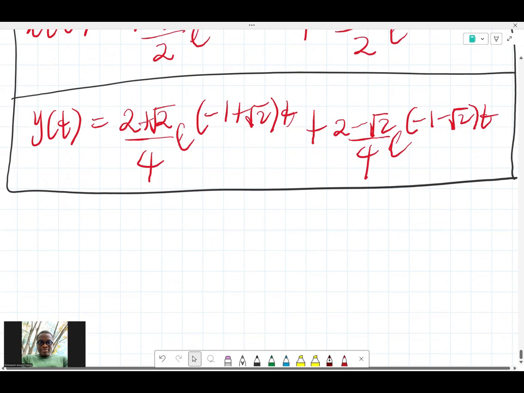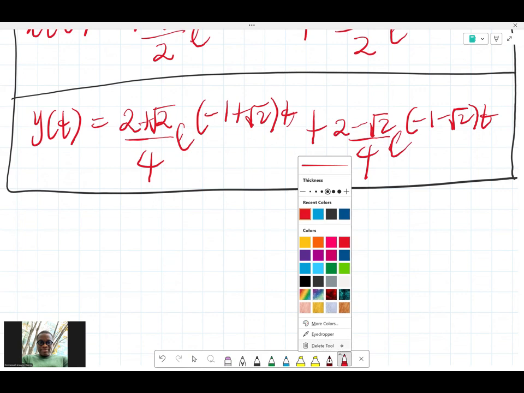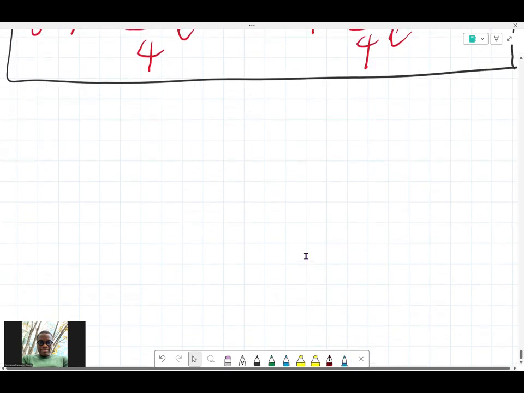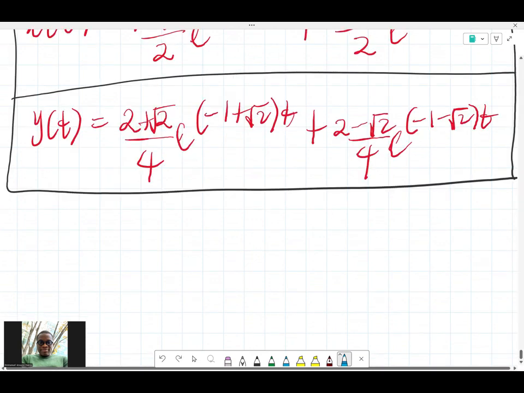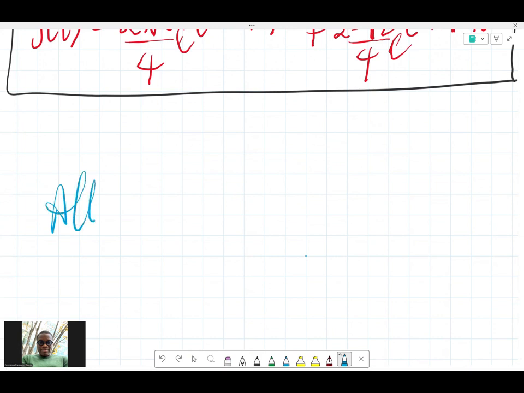Yes, I mean, there are other forms in which these solutions can be written, right? So alternative forms, okay? Yeah, thank God I remember that. Alternative representation, alternative form 1. So this same solution can be written alternatively.